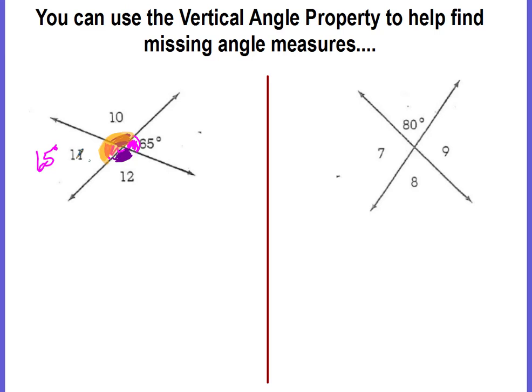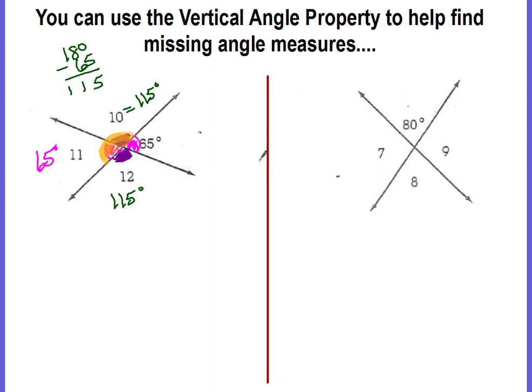So if 11 is 65, then all I have to do is subtract that from 180. And I get 115 degrees. So 10 is going to measure 115 degrees, which means its opposite angle, 12, is also going to measure 115 degrees. I think these are so fun to do.